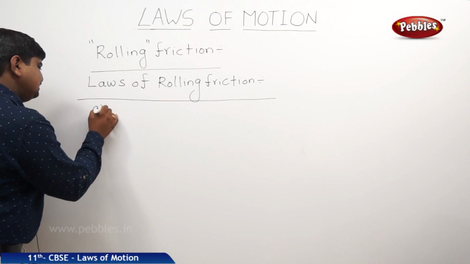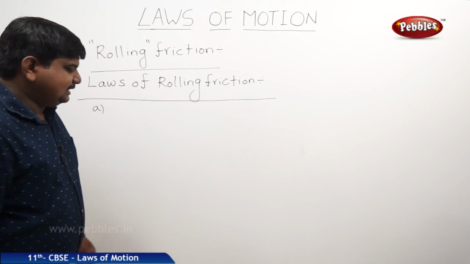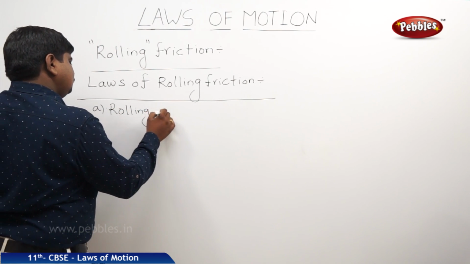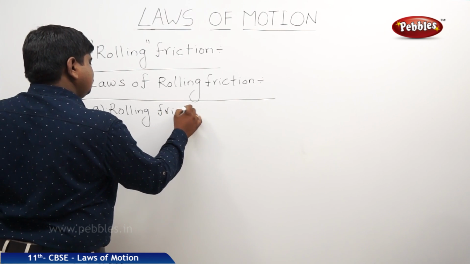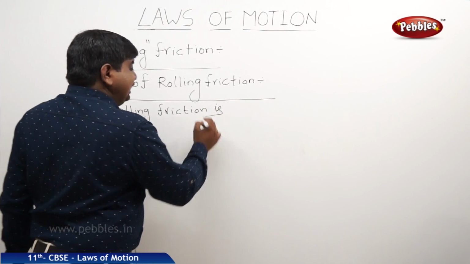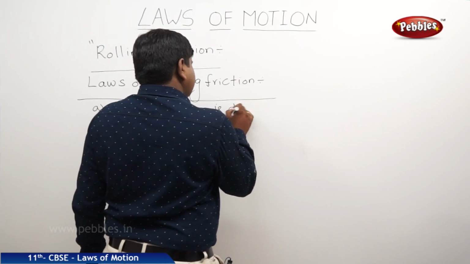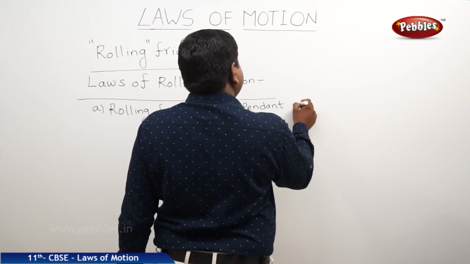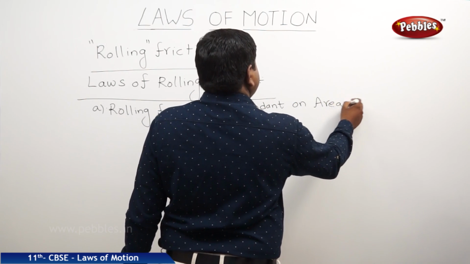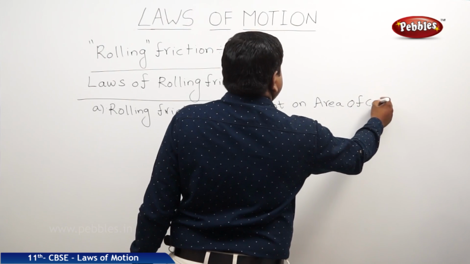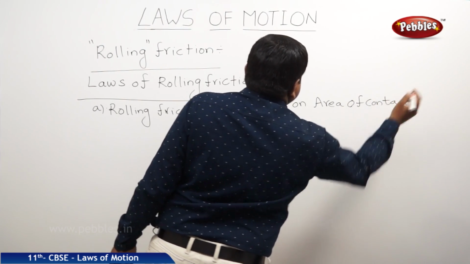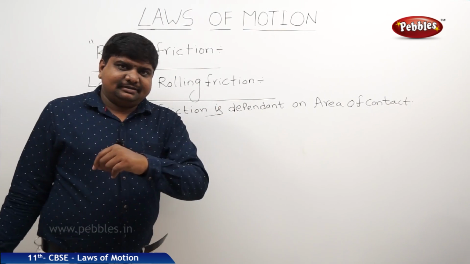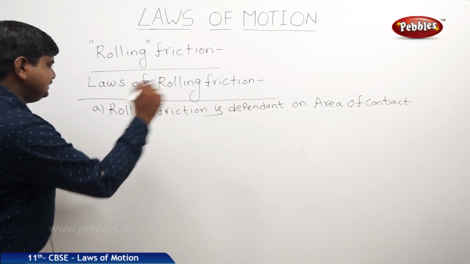The first law is that rolling friction is dependent on the area of contact. The previous frictions, static and kinetic, are independent of it. This is the only one that is dependent.